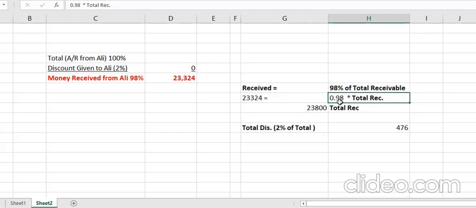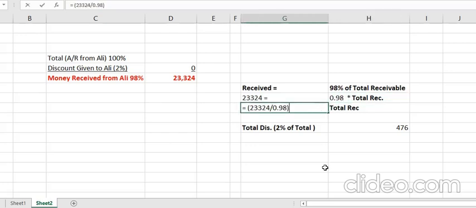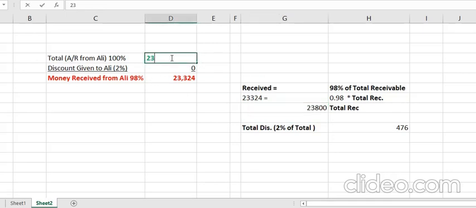So if this is a multiply sign, and I shift 0.98 to the opposite side of the equal sign, the multiply will become divide. If you can see here, 0.98 shifted to the opposite side, it became 23,324 divided by 98%. When you divide it, you get a total value of 23,800.